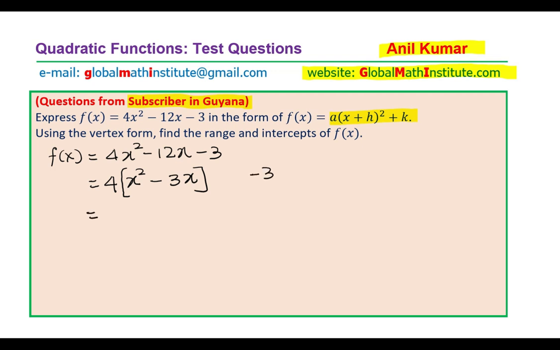Then the second step is we write x squared as such and also minus 3x. Then you divide 3 by 2 and add its square and also subtract its square.